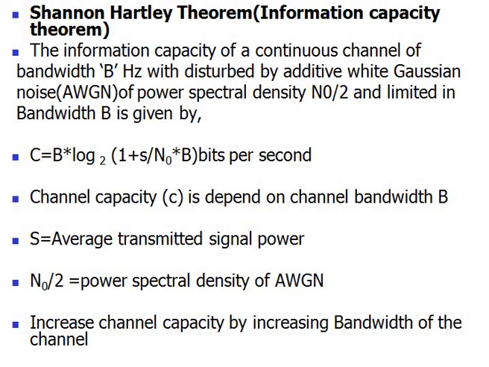S is equal to the average transmitted signal power. N0 by 2 is the power spectral density of the additive white Gaussian noise. We can increase channel capacity by increasing the bandwidth of the channel.